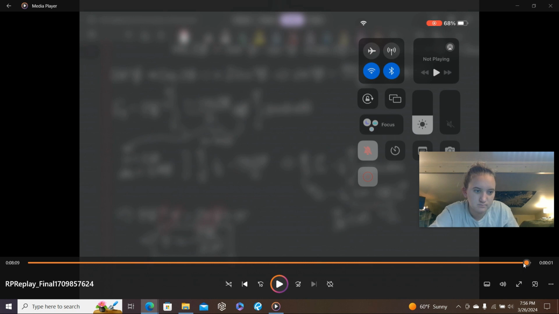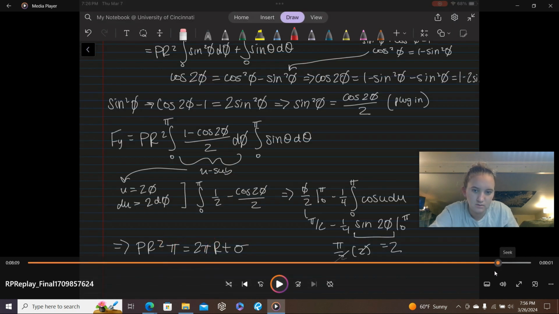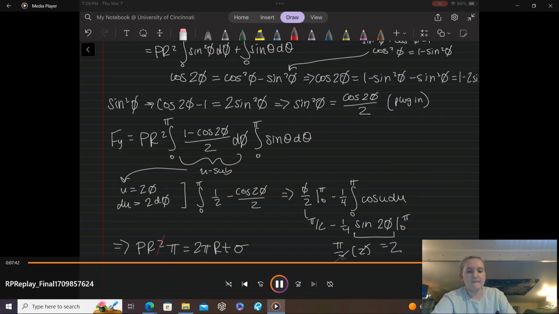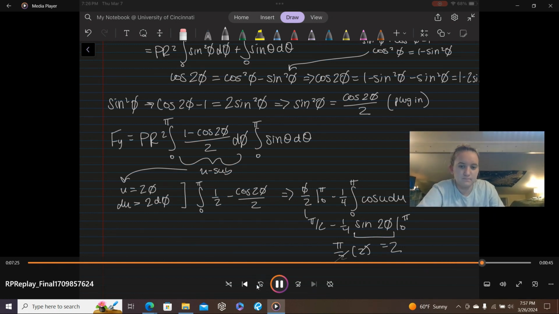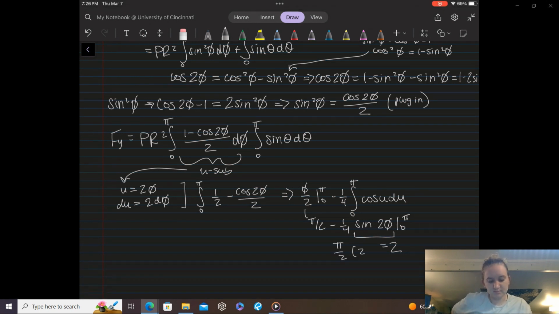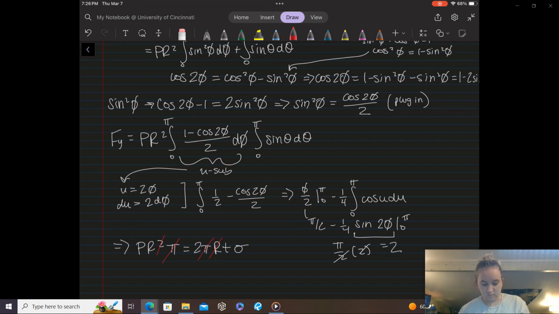Hang on. So, bring this back down. Okay, we got there. So then your expression would become PR squared times pi equals 2 pi R t sigma. And then your r's cancel out, your pi's also cancel out. So I'll get rid of those. Well, one of the r's on the left side. And then that cancels out.